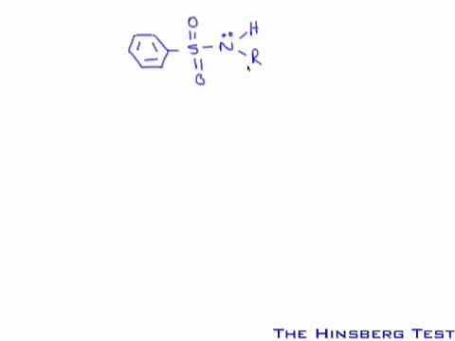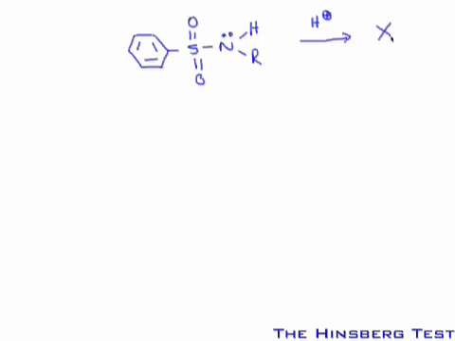Just like amides though, sulfonamides are not very good bases. They don't get protonated. If you add acid to this, it does not tend to protonate because this lone pair of electrons is delocalized out to the oxygens, resonance stabilized.